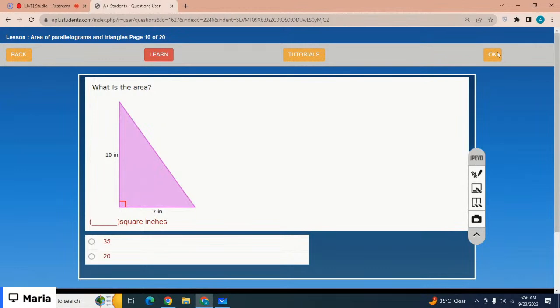So which is the correct option? Yes, the correct option is 35 square inches, right?